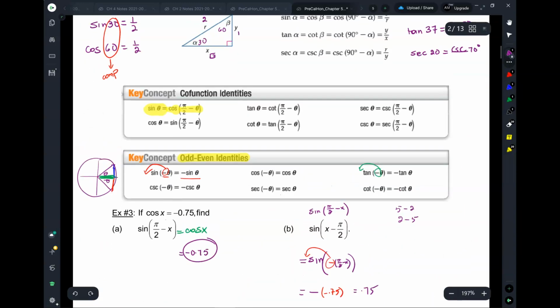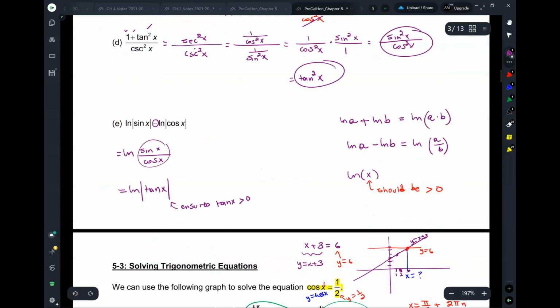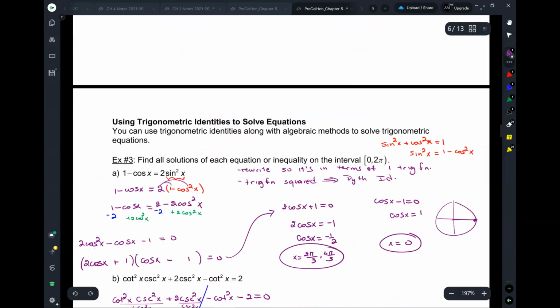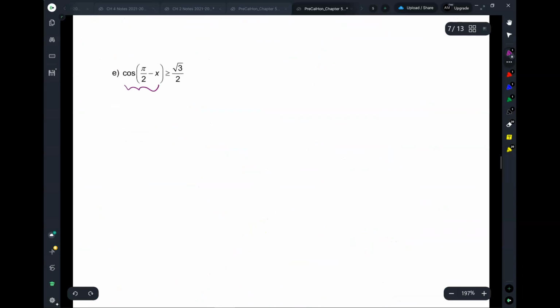Cosine of pi over 2 minus x is just sine x, right? So I can just rewrite that as sine x is greater than or equal to root 3 over 2. Why were we able to do that? The cofunction identities.